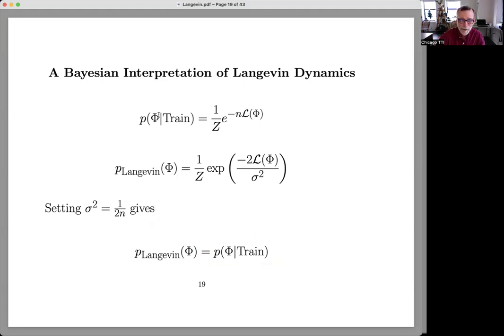Earlier I said the probability of a model given the training data is exponential in the loss, right? We derived that. We defined the loss to be a cross entropy loss with a regularization term, and we showed that the posterior on the model parameters is an exponential in the loss. Now we've also shown that the Langevin stationary distribution has the same form.